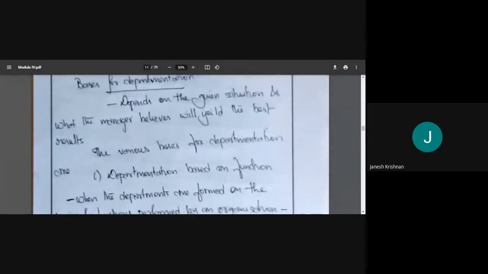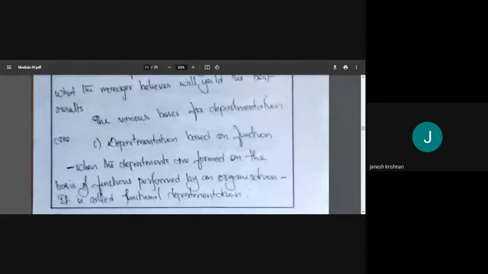First is based on function. When the departments are formed based on functions performed by organizations, it is called functional departmentation. Again, function means like we said earlier, we have marketing, production, finance in the business. Say we have a pen company. We have to market, we have to produce, and we need finance, right?